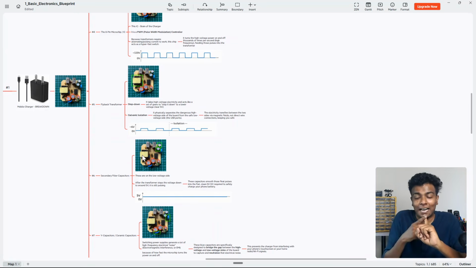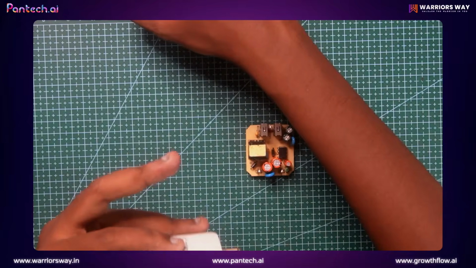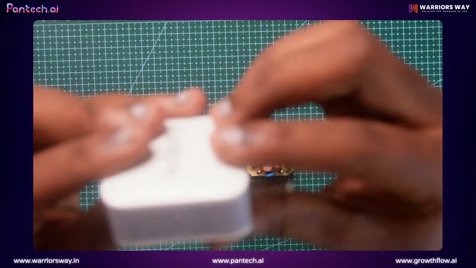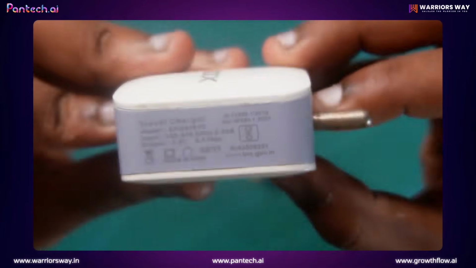That's the first answer. And the second important question: what do you mean by these amps? Whenever you are purchasing a charger, they will tell you that it is 5 volts and 3.3 amps.